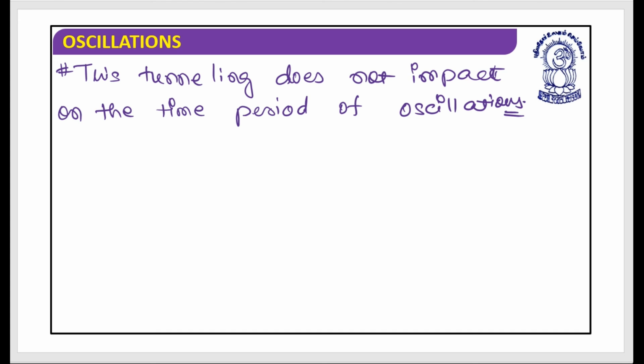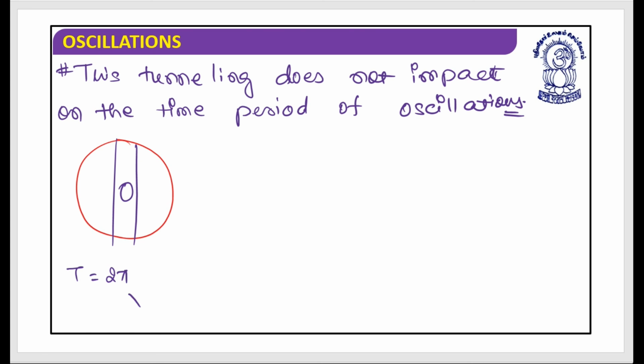So if this is the pendulum and this is the tunnel and it oscillates, then the time period is 2 pi root of Re by g.